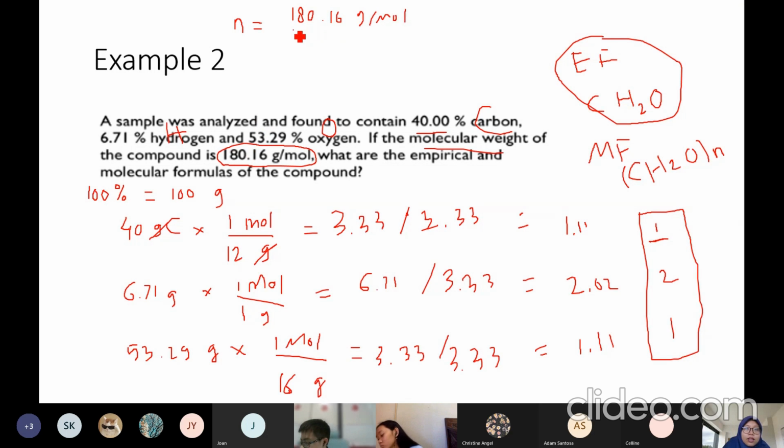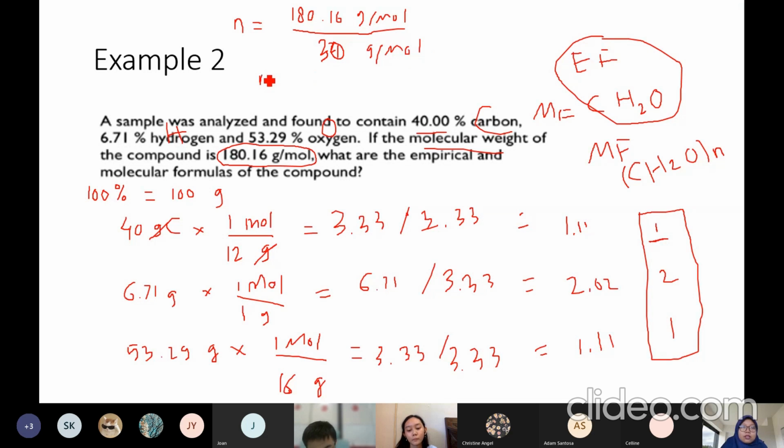And the relative mass from the empirical formula, CH2O: find the MR of CH2O. 12 plus 2 plus 16 is 30. Yeah, 30.